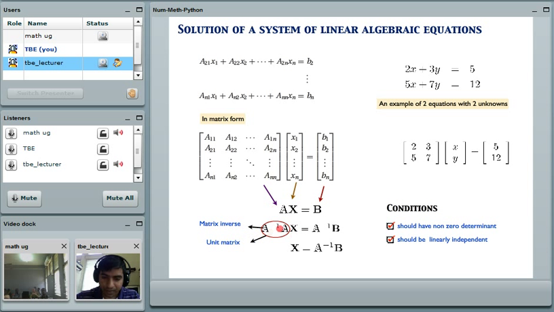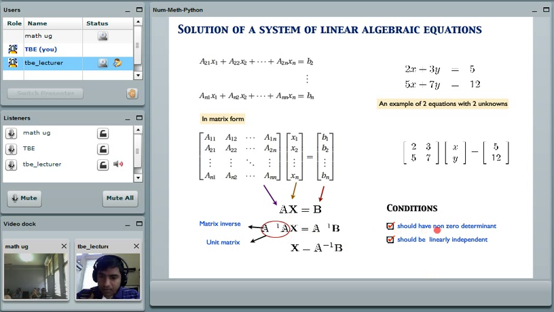It becomes 1, and 1 times x gives you x, while the right hand side becomes A inverse b. So you finally have the solution, which is x equals A inverse b. That is, you can get the whole solution just by matrix multiplication. So this is basically the framework in which we are working.